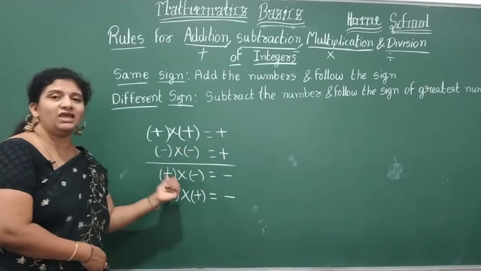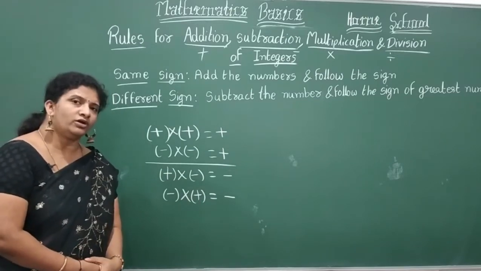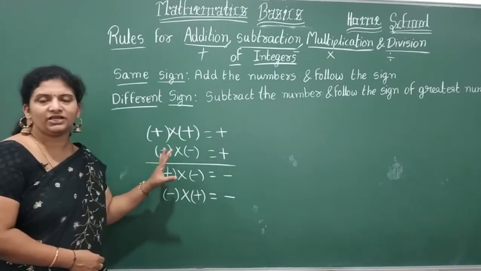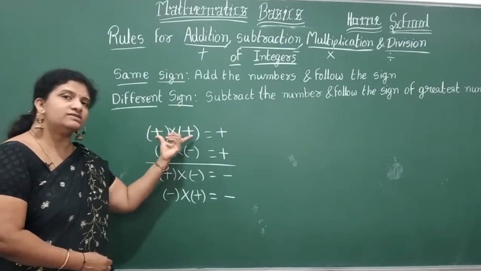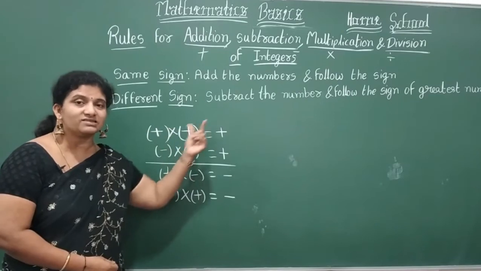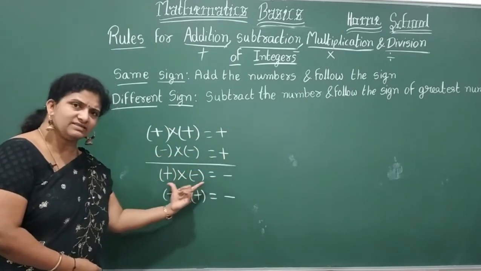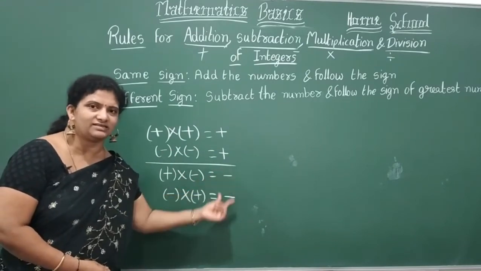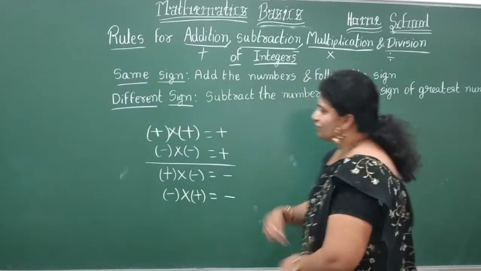If any one of the signs is different, then what are we going to get here, children? A negative answer. So in the multiplication of these two signs, we have to remember: if both signs are the same, when you multiply, you get a positive answer. If any one sign is different, when you multiply, you get a negative sign as the answer here.